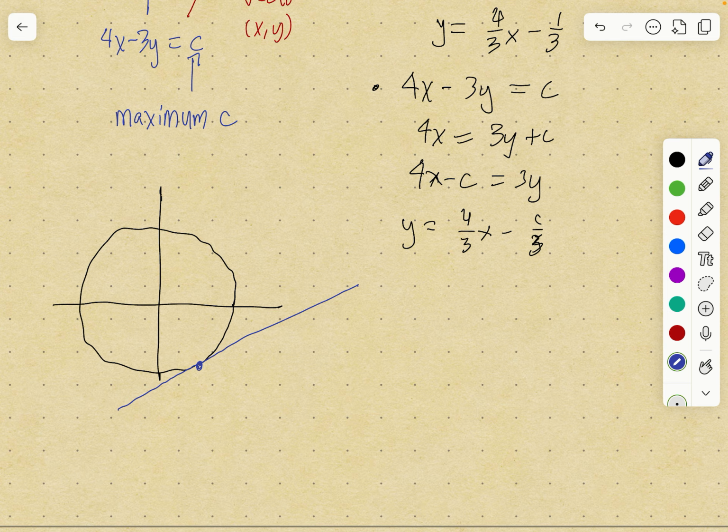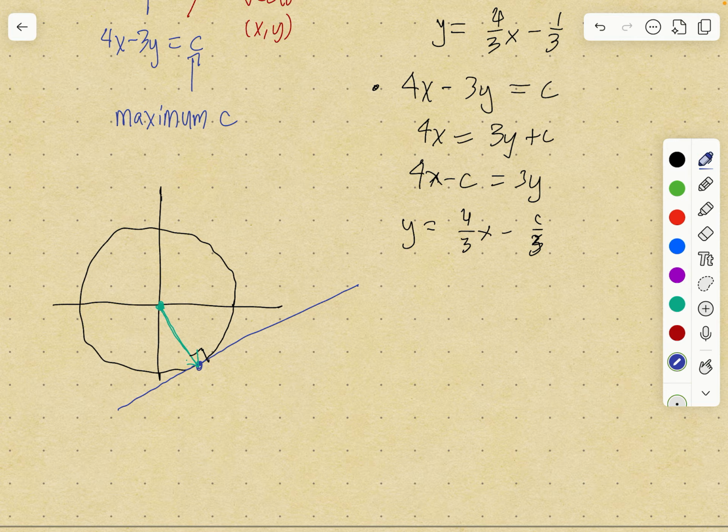This vector from the origin, this radius, right, this line segment from the center of the circle, in this case the origin, out to this line, when your line is tangent to the circle, you get a 90-degree angle. So the question is, what vector will make a 90-degree angle with this line?